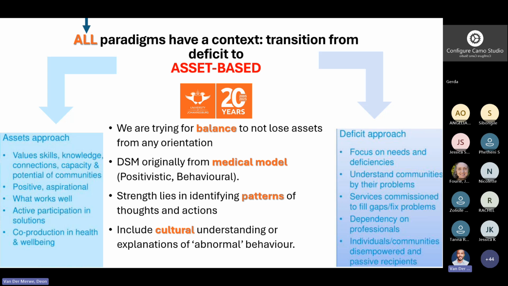And the asset-based approach conscientizes us about that, because strength lies in identifying patterns of thought and actions, and then putting interventions in place that will cause tension, which in itself can produce results, and then include cultural understanding or explanations of abnormal behavior as well.